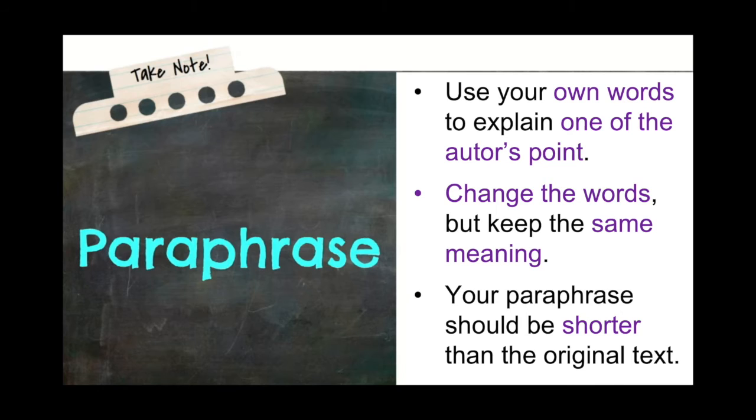So if we're looking at the whole passage, we're looking at one of the specific points, or maybe a few of the points that he made, and we're using our own words to explain them. Okay? Your paraphrasing should be shorter than the original text. Okay, so it should not take longer to explain what the author said.